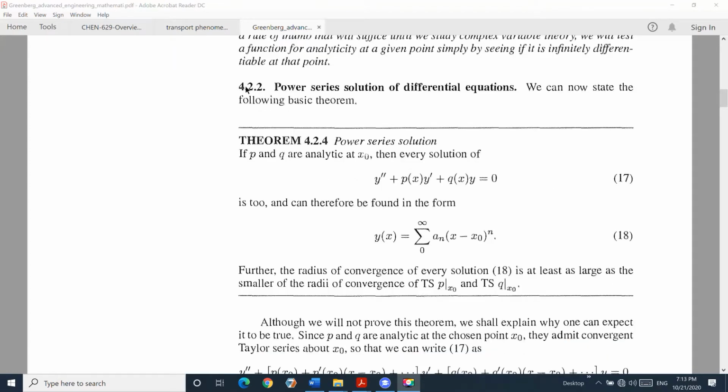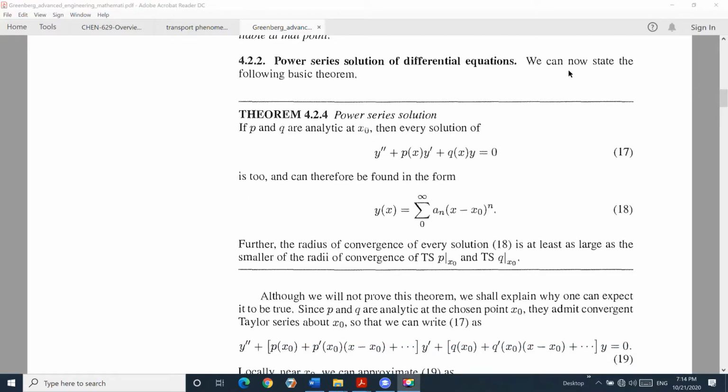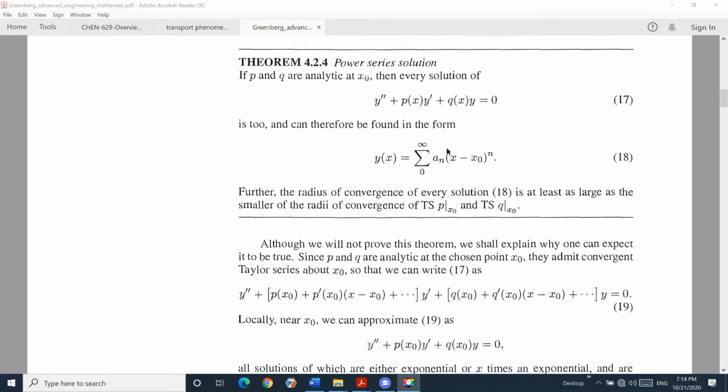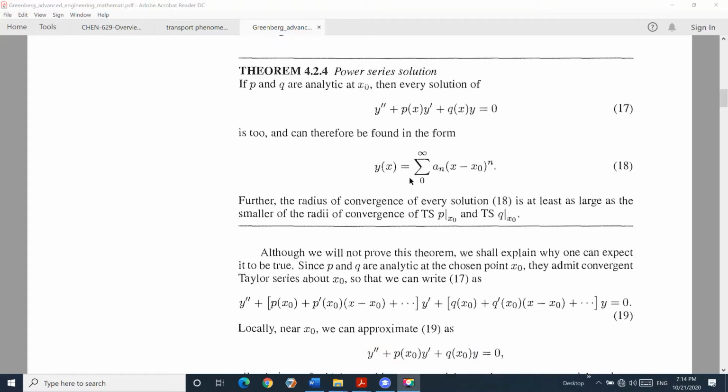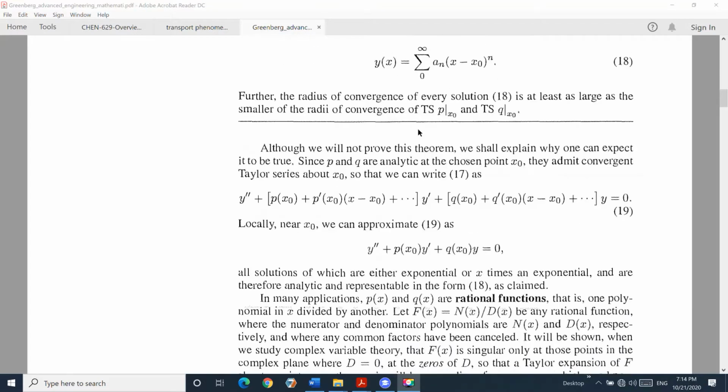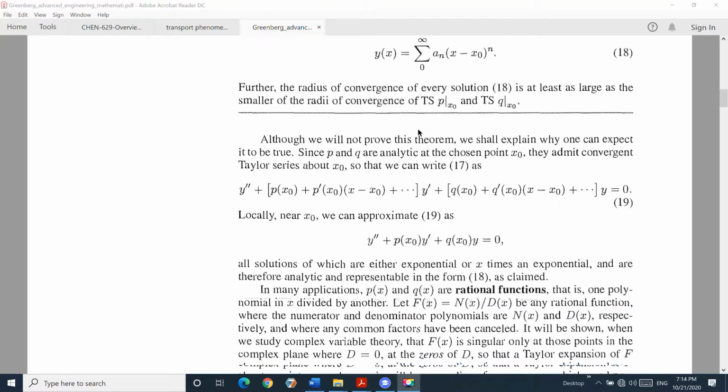In section 4.2, power series solution of differential equations, the theorem for power series solution gives that any linear homogeneous equation gives power series solutions like this. So on.